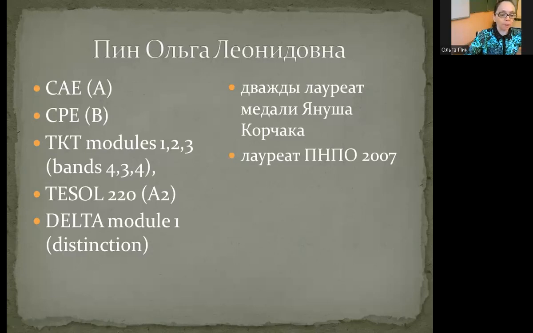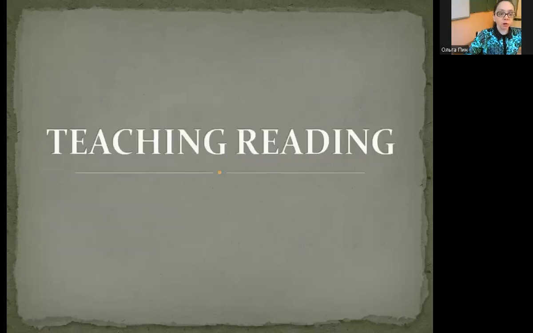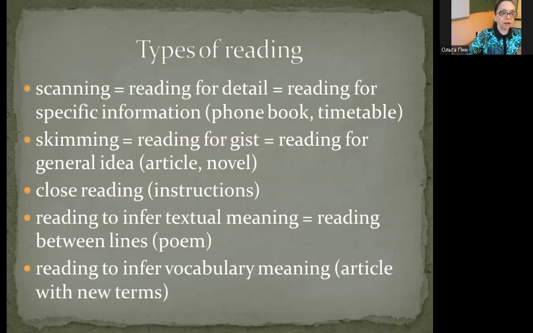So, just to brush up, I hope you remember that according to classifications, reading is a visual receptive skill. But there are a few different types of reading, and this is what we are going to start with.